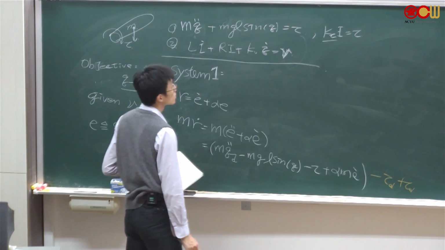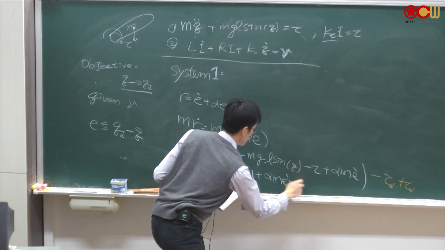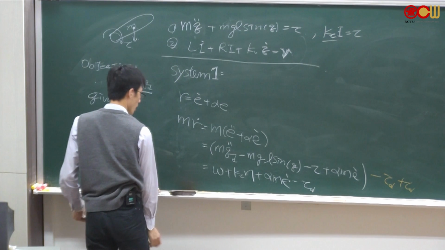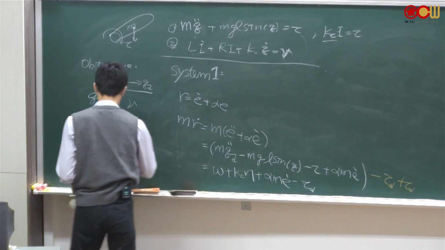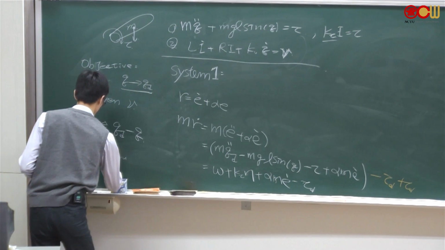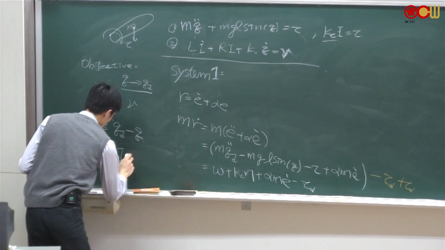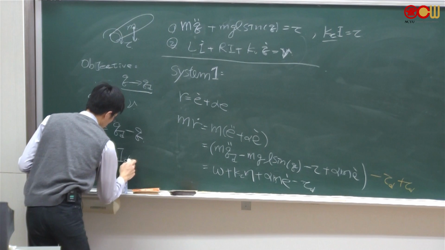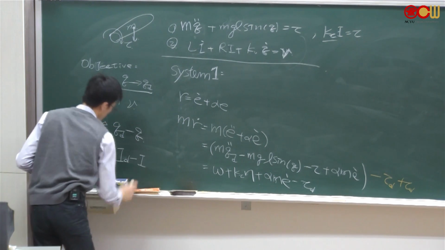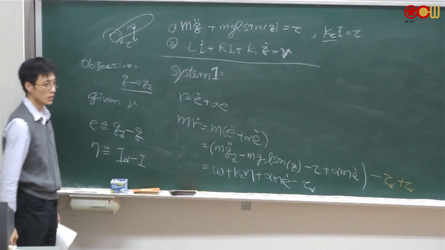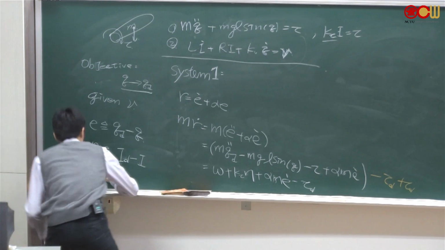Then we got minus tau D, and eta is defined as the current tracking error, the desired current minus the current.